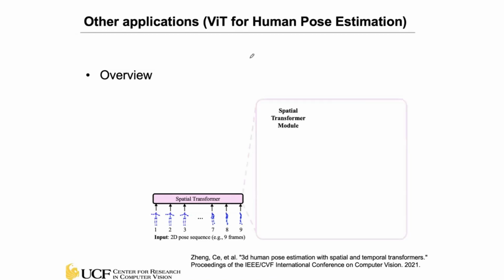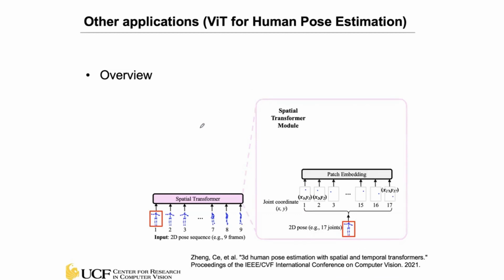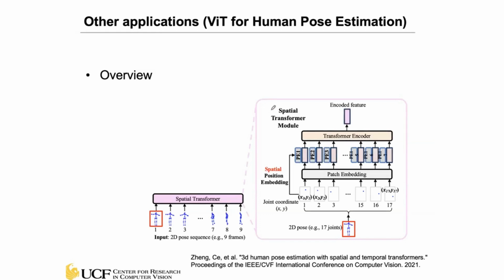And we can also take this vision transformer for other applications like object detection, semantic segmentation, pose estimation, or other vision tasks. Here I'm using one of our works published in ICCV 2021 as an example. We are using this vision transformer for human pose estimation.